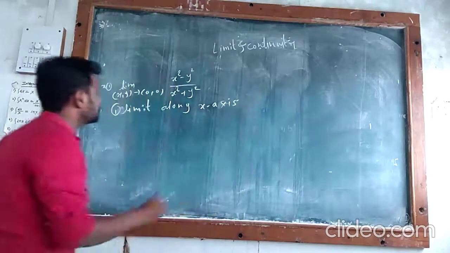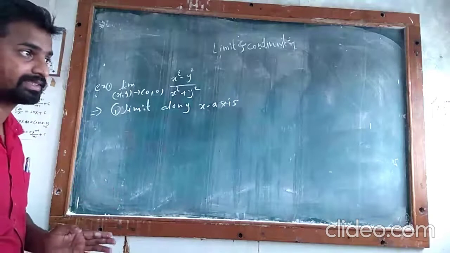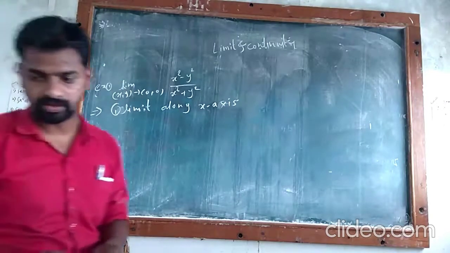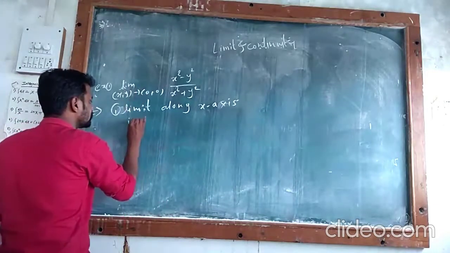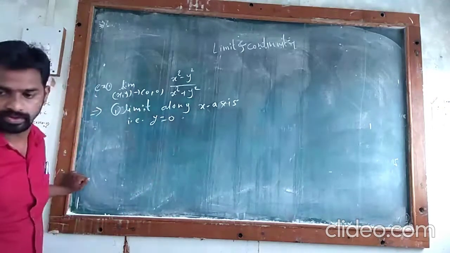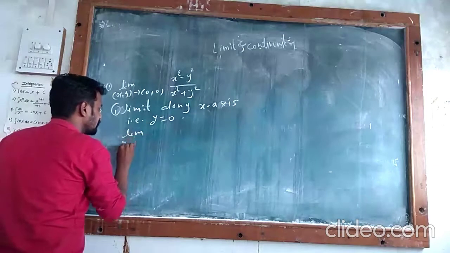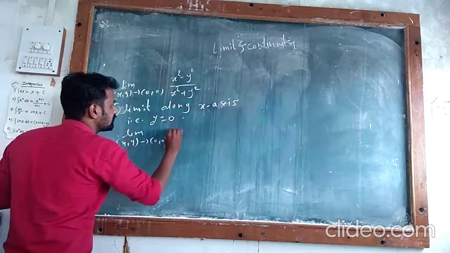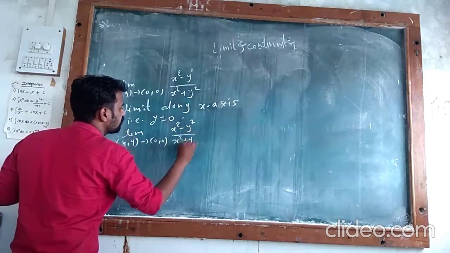You know that the equation of the x-axis is y is equal to 0. Then we have the limit as xy tends to 0 0 of x square minus y square upon x square plus y square.